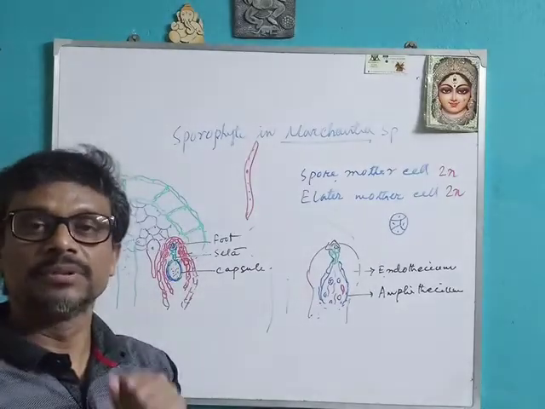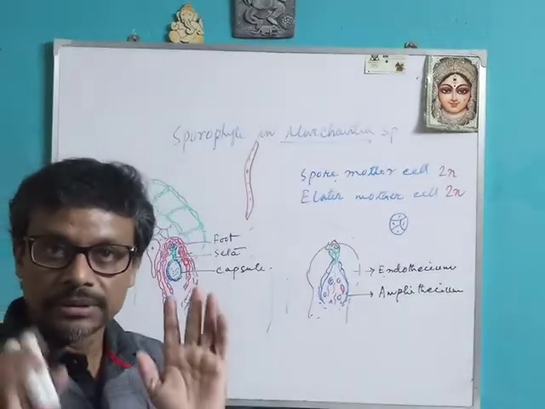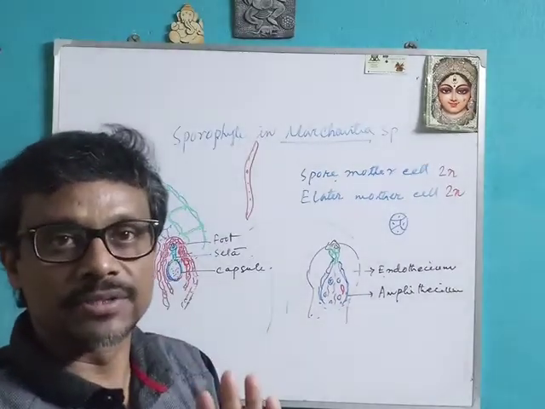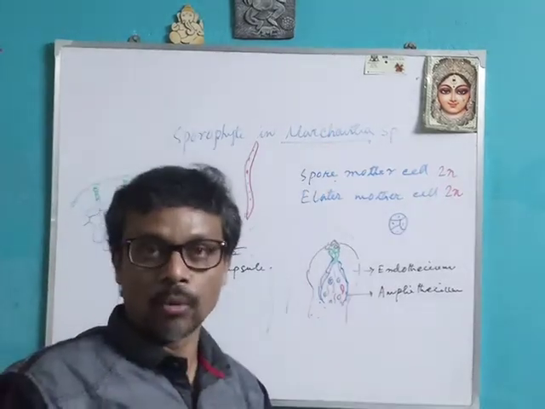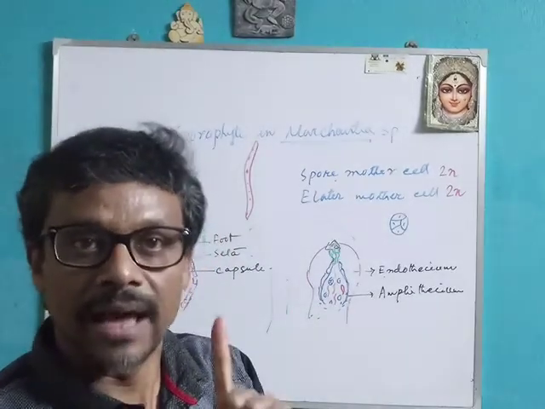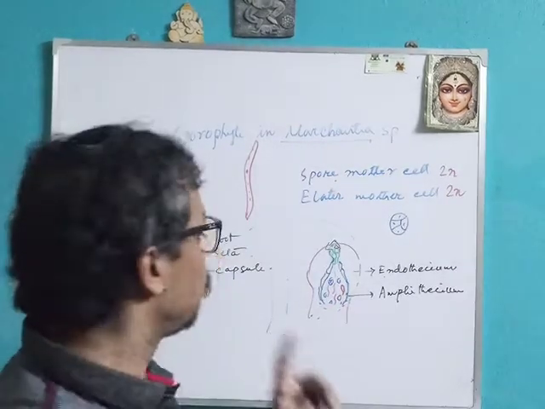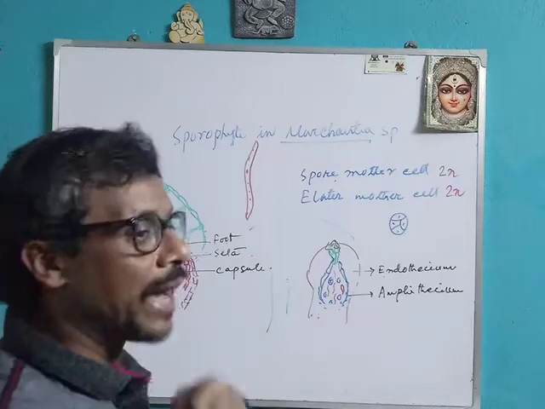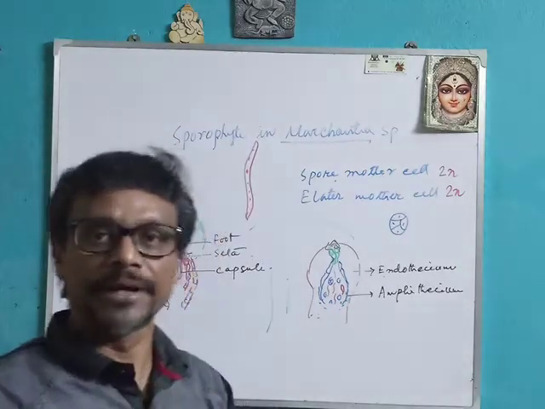So in Marchantia, two different stages of generation, haploid and diploid, occur distinctly, but the diploid generation is not dominant. The haploid generation is dominant. The normal plant body is haploid, but the diploid generation arises, is associated with the haploid generation, and is dependent.